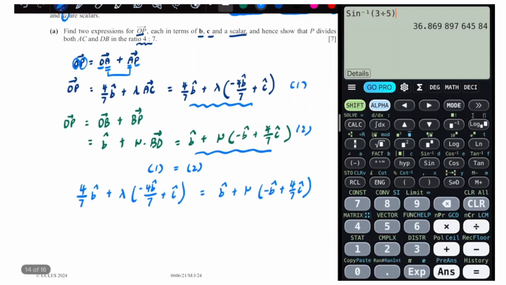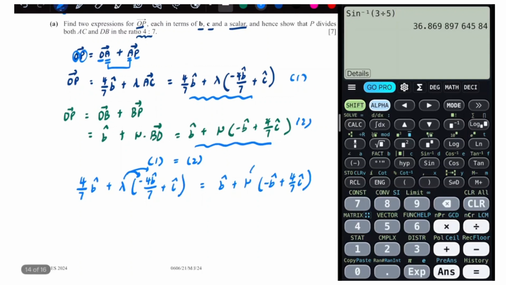Let's group B and B together. I think we can just move our scalar in as well. Just expand the scalar inside and we can see the next step here. So 4B over 7 minus 4 lambda B over 7 plus lambda C is equal to B minus mu B plus 4 mu C over 7.